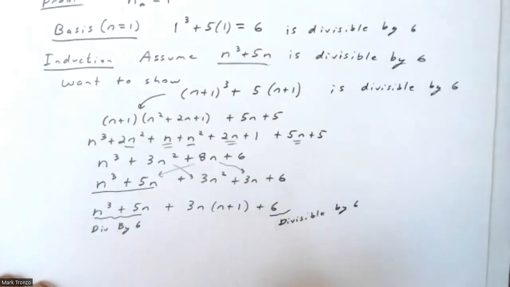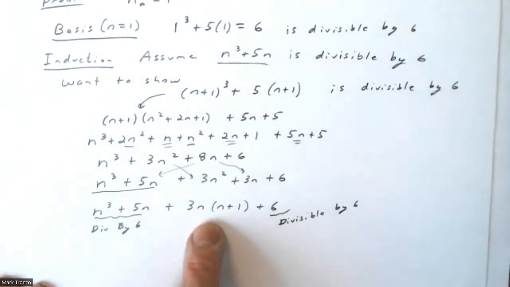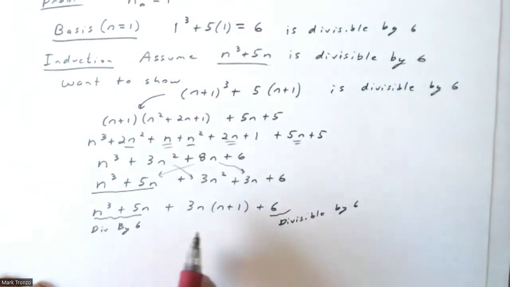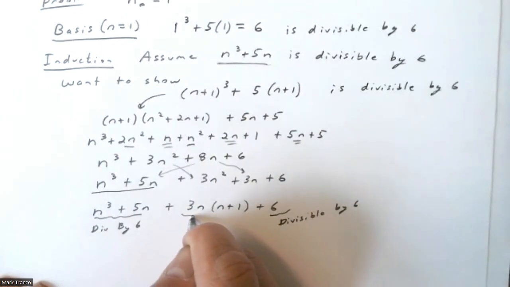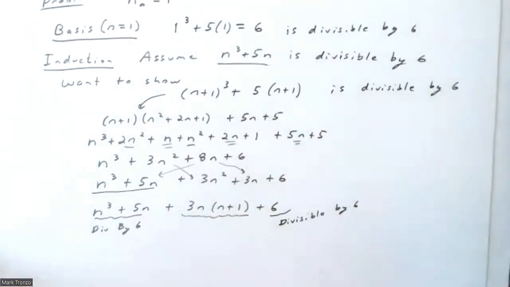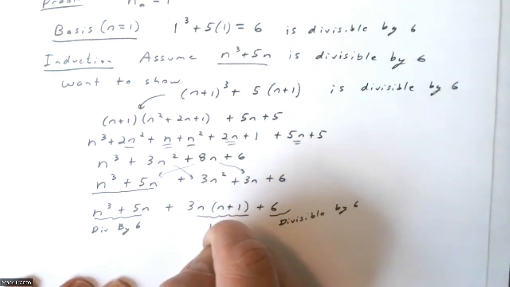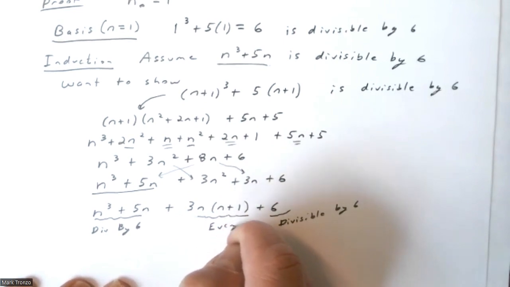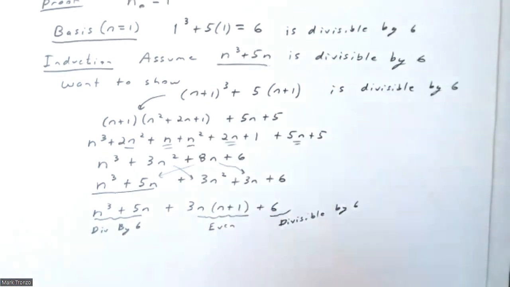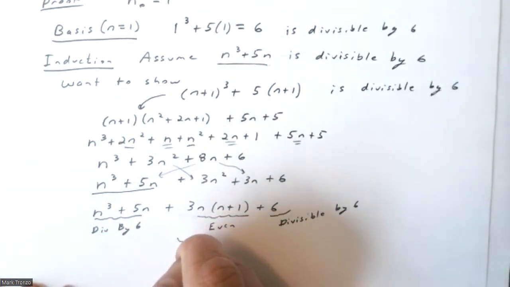And let's see, how can we argue, what can we say about this term here? Could we somehow say, do you have an idea? This is always going to be even. So if you have 3 times an even number, you're right, then that's going to be divisible by 6.